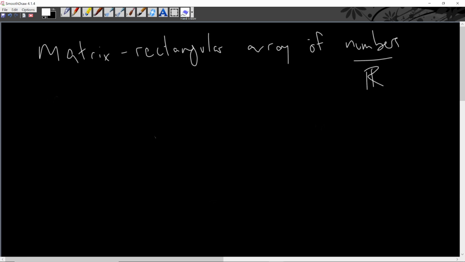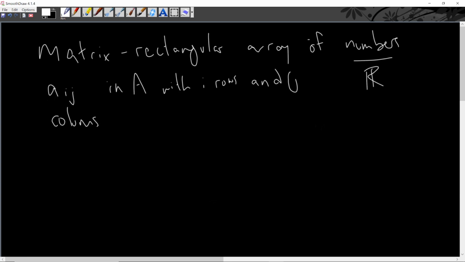And the way that matrices are defined as Aij elements in some matrix A with I rows and J columns allows us to actually do operations with different matrices.